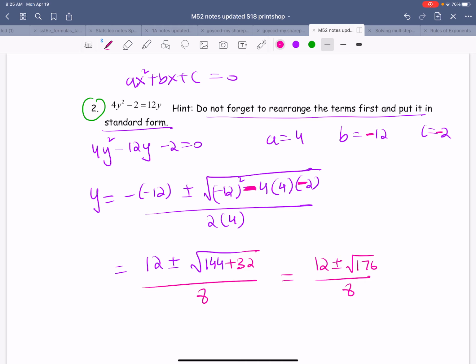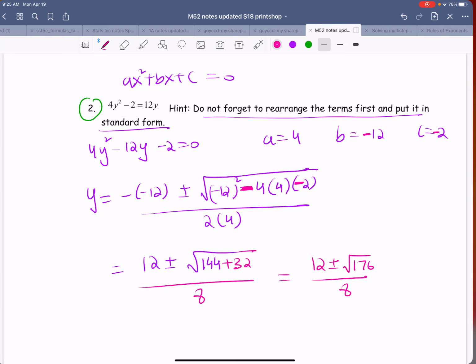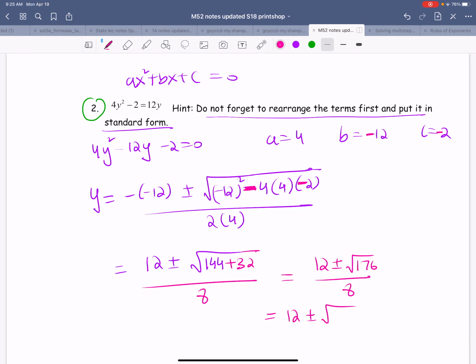Now, this doesn't look very good to me because I can still factor things out and simplify this. The square root of 176: if I break 176, 176 is going to be 16 times 11. Let me double check. 16 times 11 is 176.